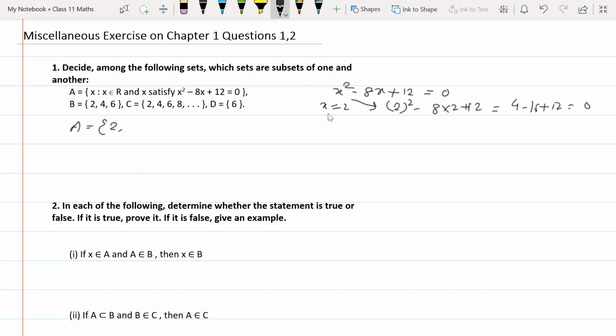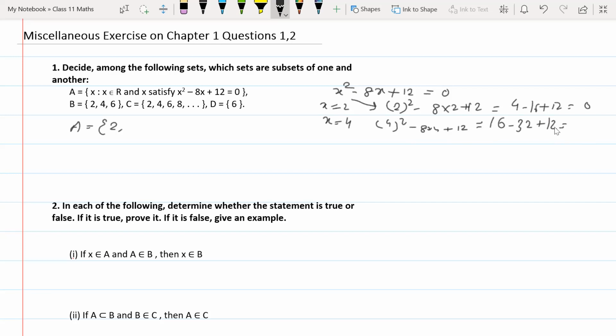Then similarly, if we do it for 4, then 4 square minus 8 into 4 plus 12 is equal to 16 minus 32 plus 12.